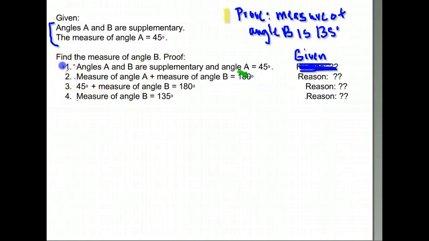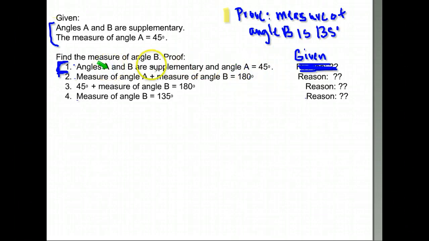Number 2 here, the measure of angle A plus the measure of angle B is 180. How do we know? If we're just looking at this top part, we can only go from stuff we have up above. So what in step 1 told us that angle A plus angle B would equal 180? Is it that A and B are supplementary, or is it that the angle A is 45 degrees? Because that's all we know right now.